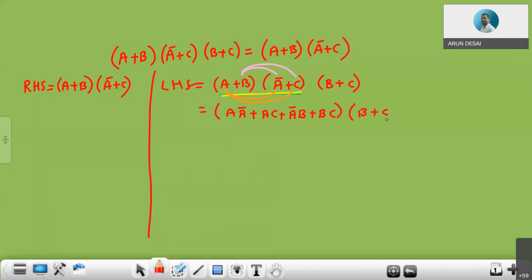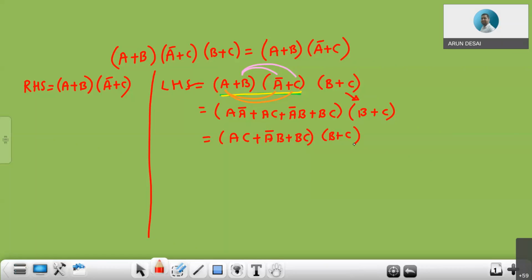B plus C, the term, keep as it is. A and A complement is 0. So what remains is AC plus A complement B plus BC and B plus C.